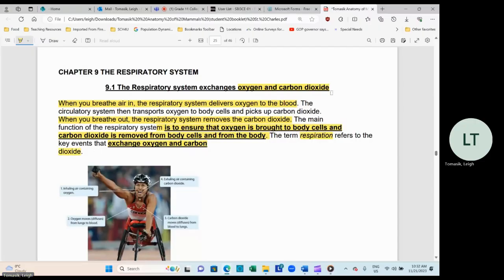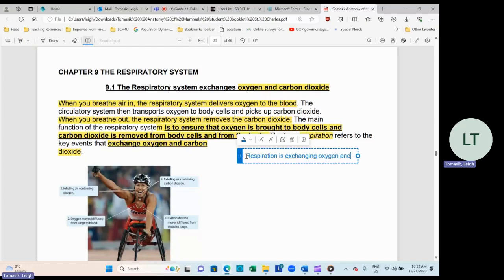So, respiration is different from cellular respiration. Respiration is exchanging oxygen and carbon dioxide with the air.